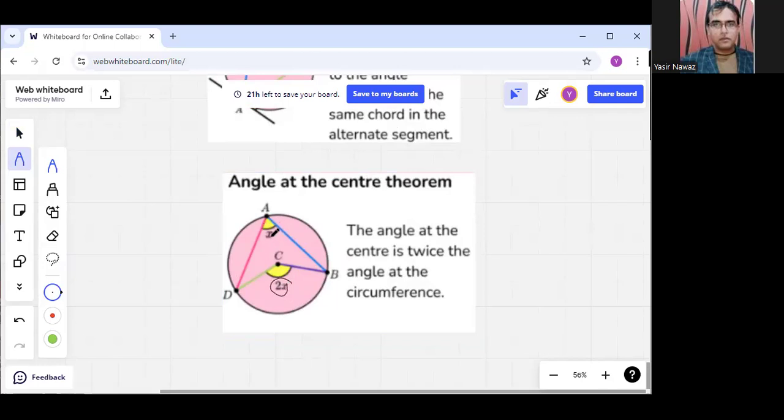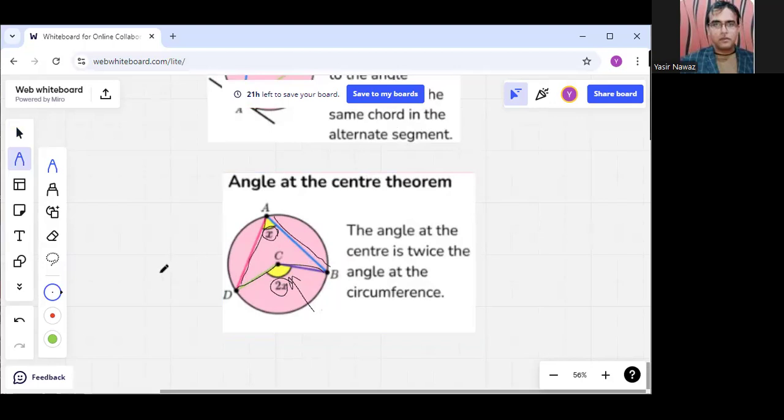If this angle is x, then this angle would be 2x. If this is 45, that angle would be 90. This is the radius, CB is the radius, and CD is the radius, and AB is a chord, and AD is another chord.